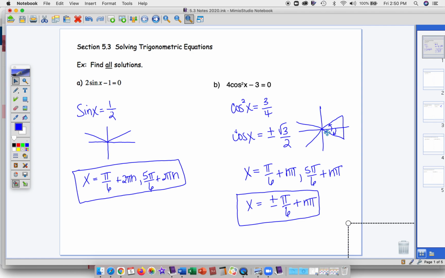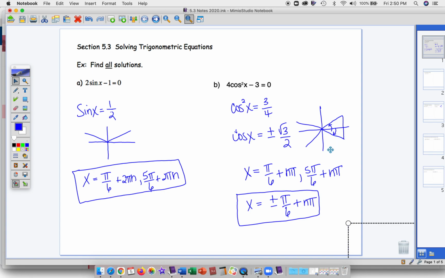So one thing I could do is take pi over 6, and instead of adding 2 pi n, I can add just pi n. That'll give me all of the solutions in quadrants 1 and 3. I can do a similar thing with 5 pi over 6 from quadrant 2 and add pi n, or n pi, and I'll get all of the angles coterminal to 5 pi over 6 and 7 pi over 6, 11 pi over 6.